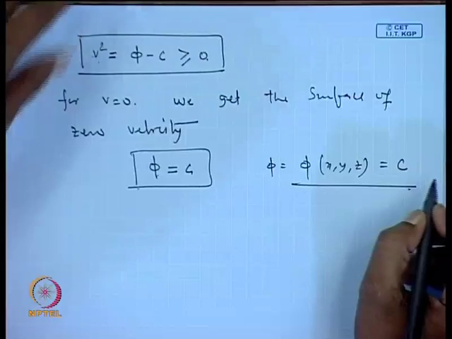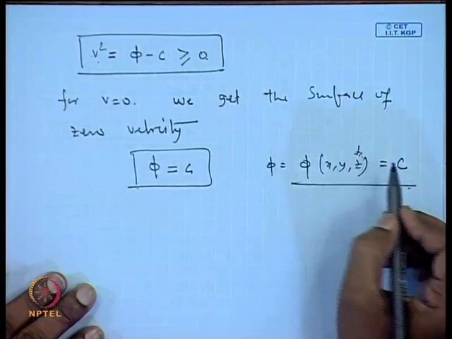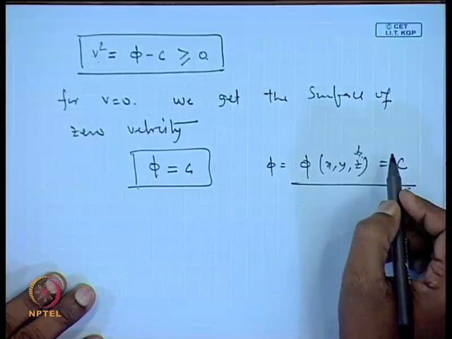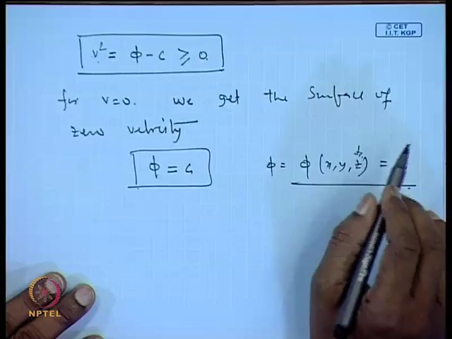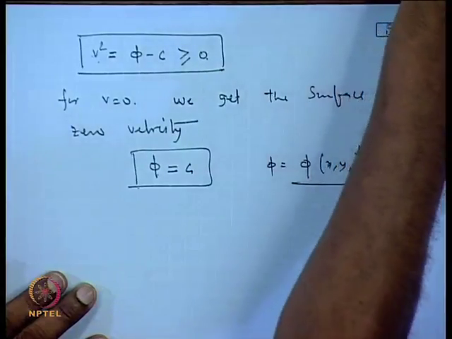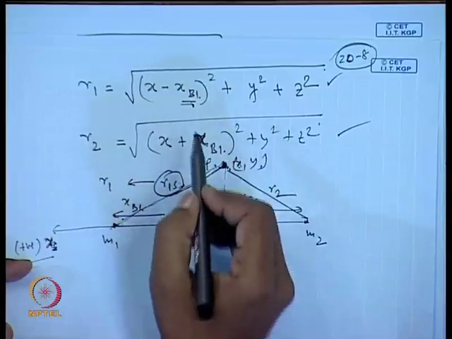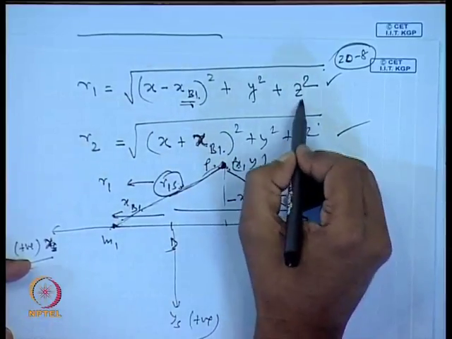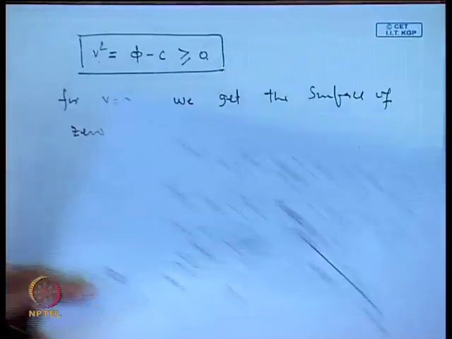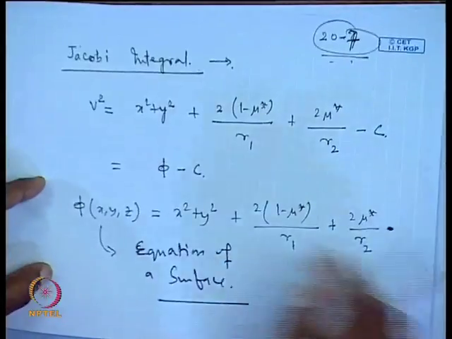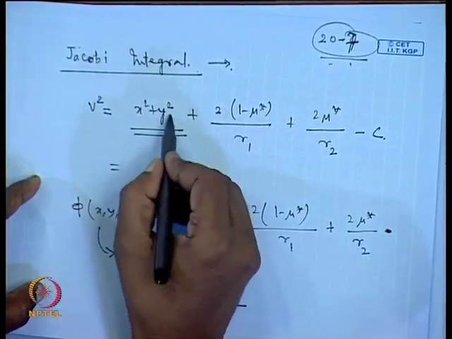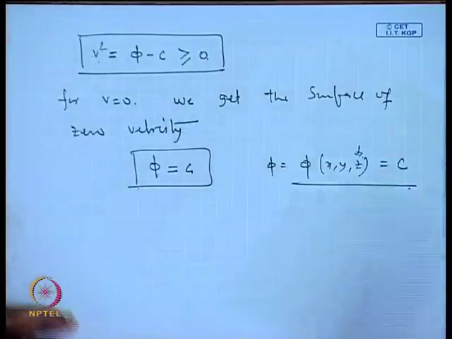So, z is coming into the picture because of this R 1 and R 2. The x square y square, there is as such in whatever we have written here. So, z is coming from this place, and if you look into this equation, there is no existence of z in this place.